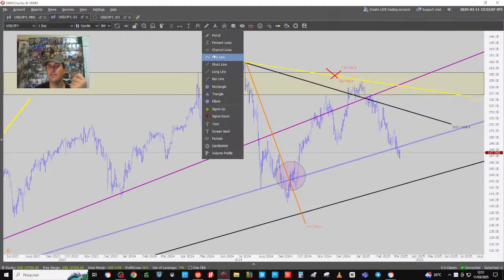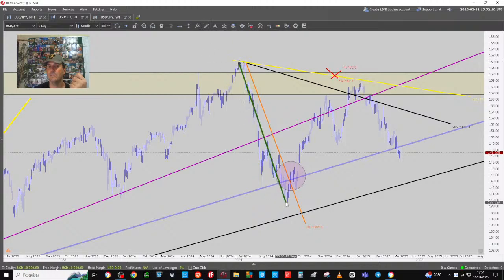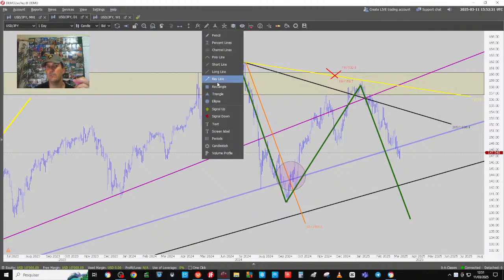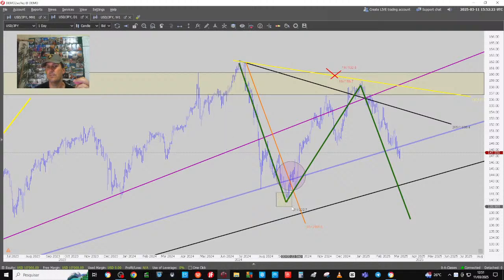Did the market confirm extension, retracement, extension? Do we have a confirmed downtrend, everybody? Do we have a relevant lower low? If you're going to say we don't have a relevant low, then the yellow is wrong, because the downtrend line confirms the trend.